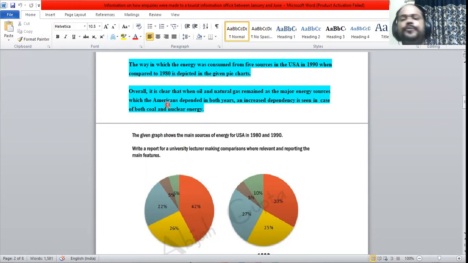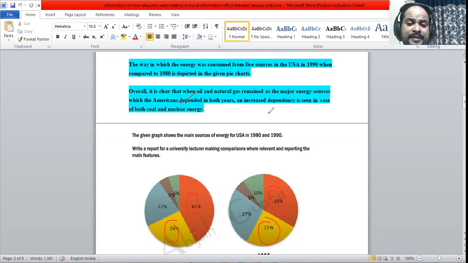So what is the overall picture? Overall, it is clear that oil and natural gas remained the major energy sources. These remain the main sources of energy which the Americans depended on in both years.